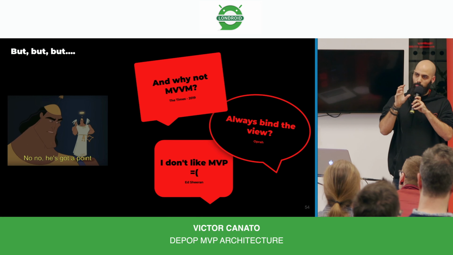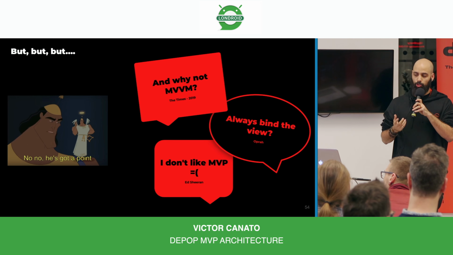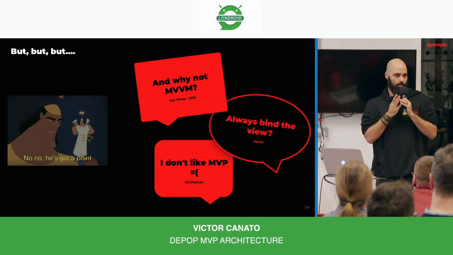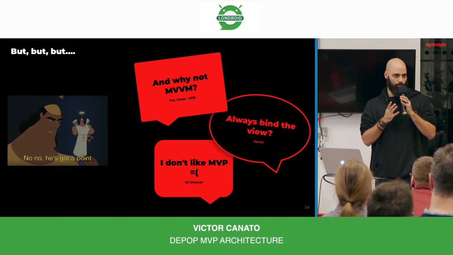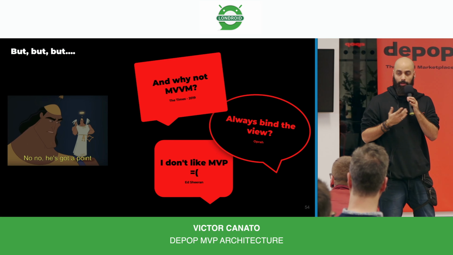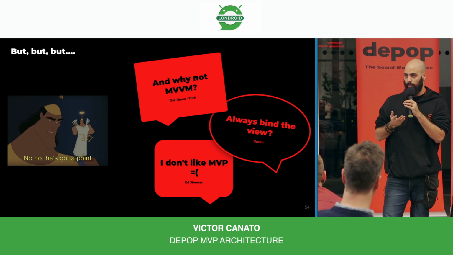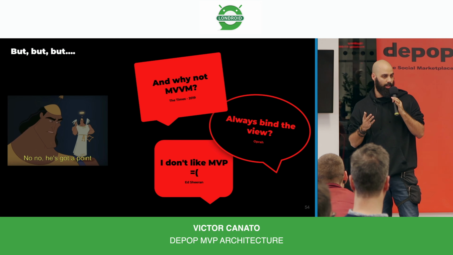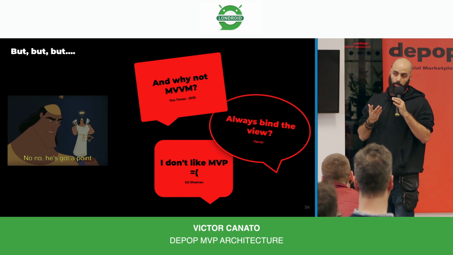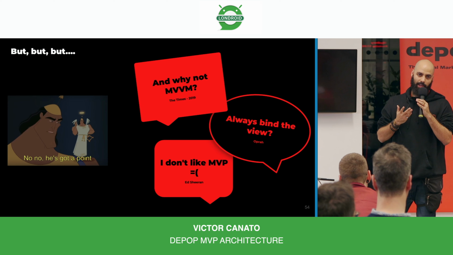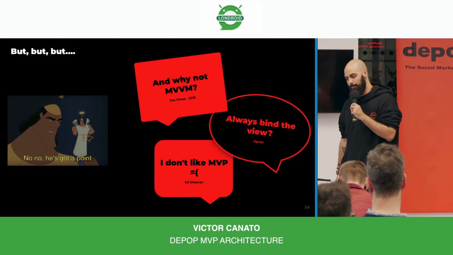Since we are very modularized, we don't feel the need to use MVVM for 2 reasons. Today, the best implementation that we have of MVVM, or at least the most used one, relies on some libraries, for example, LiveData. So if at some point LiveData is not working anymore for any reason, our architecture is compromised. And we try to have an architecture that doesn't depend on any kind of library.